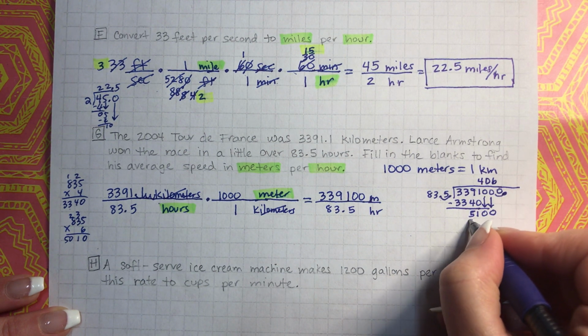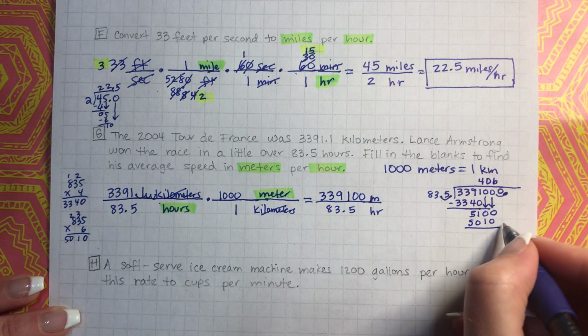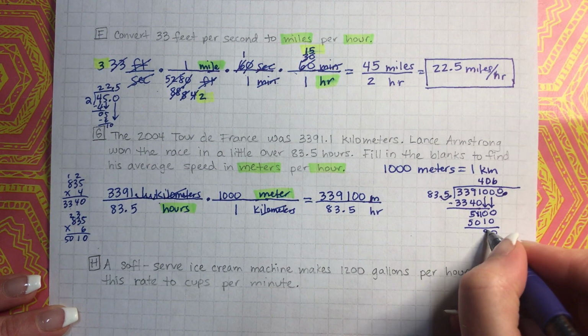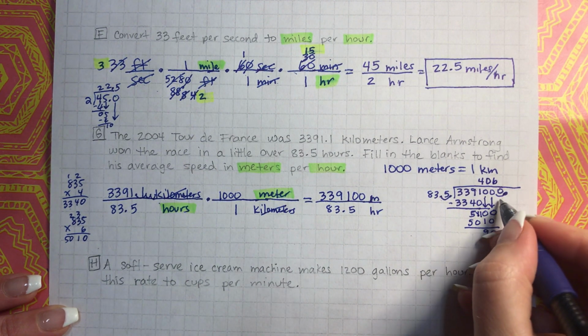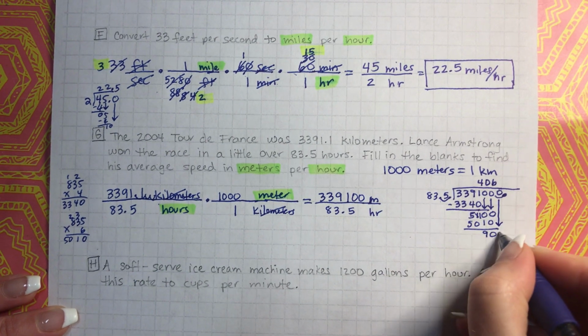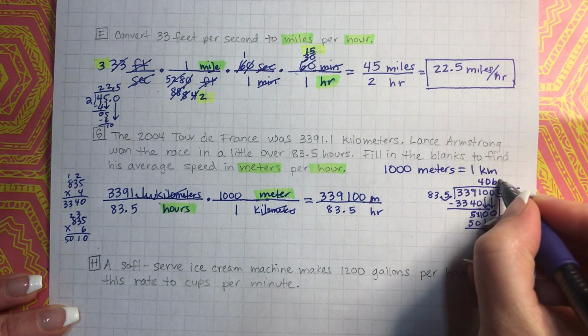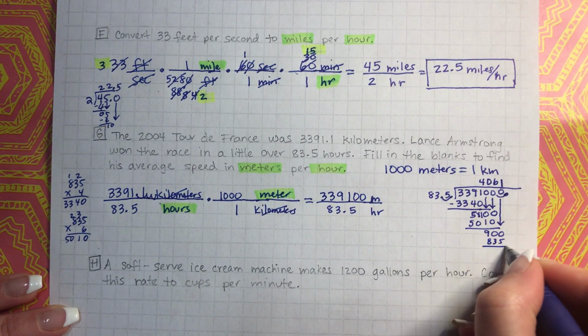And then the answer is 5,010, which means we have to borrow here. That makes that 9, and then the rest of that's 0. So then we have to drop down this 0 here. And does 835 go into 900? Yes, one time. That is nice. 1 times 835 is just 835.